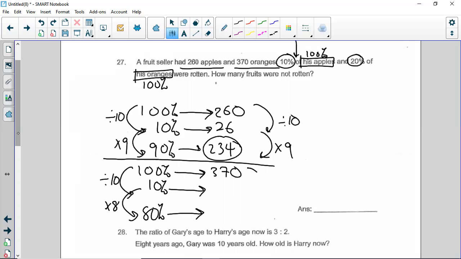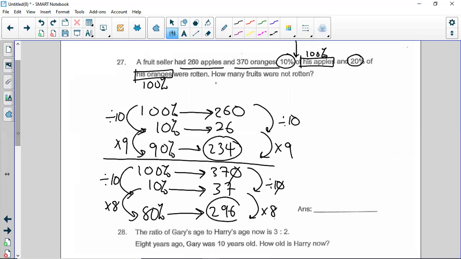All right, so the other side, you also divide by 10 and you get 37. How do you get 37? Because when you divide numbers with zeros, you take out 1 zero and take out 1 zero. So 10% is 37. Then later you jump again, times 8. So 37 times 8, you get 296.